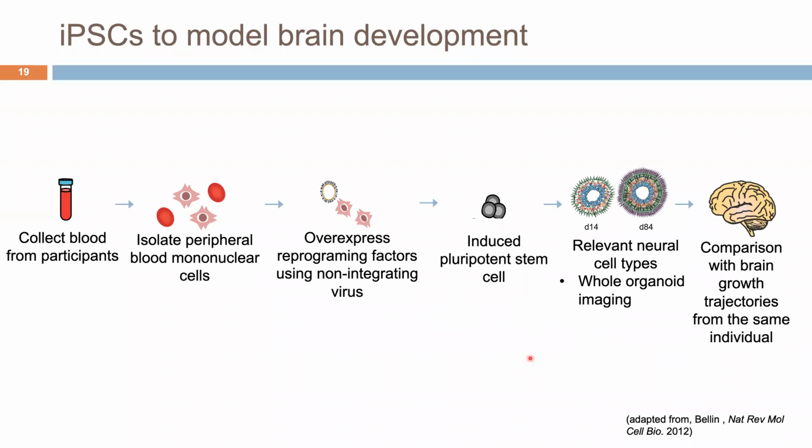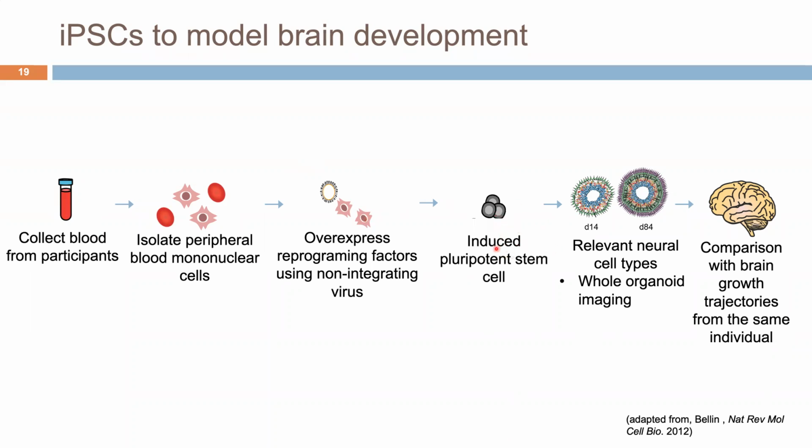So from those individuals, we are acquiring blood samples, isolating peripheral blood mononuclear cells, overexpressing reprogramming factors to turn the cells back in time to an embryonic-like state, which is called an induced pluripotent stem cell.